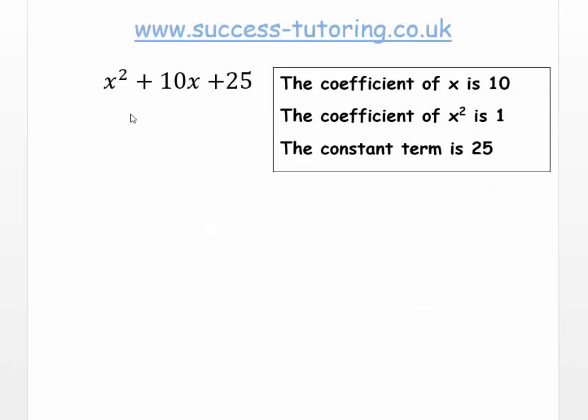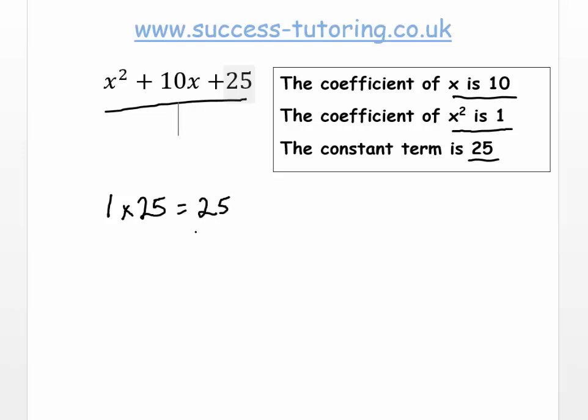Right, let's try this one now. We've got x squared plus 10x plus 25. The coefficient of x is 10, the coefficient of x squared is 1, and the constant term is 25. So let's go ahead and multiply the coefficient of x squared by the constant, which is 1 times 25, which is 25.